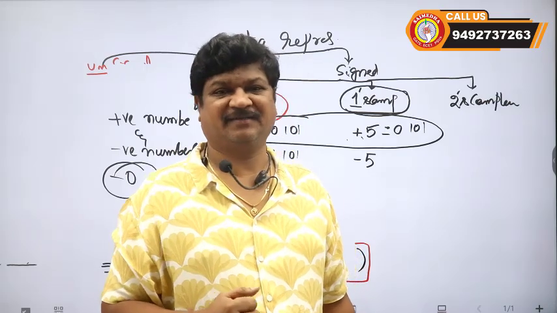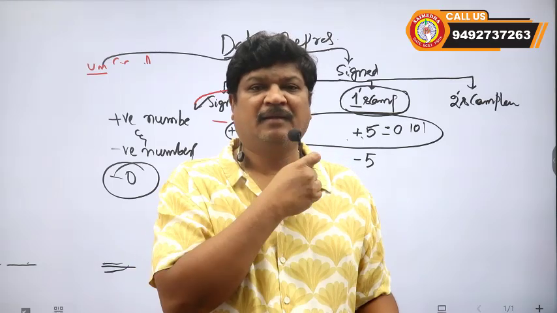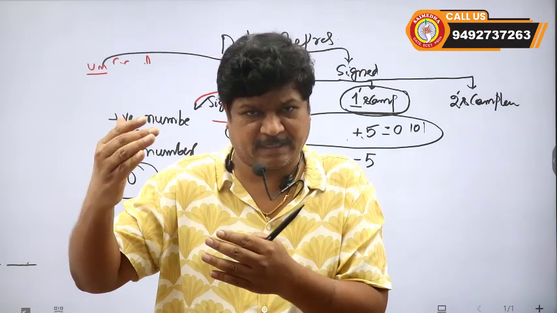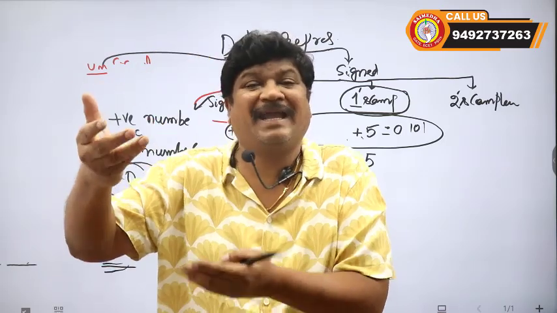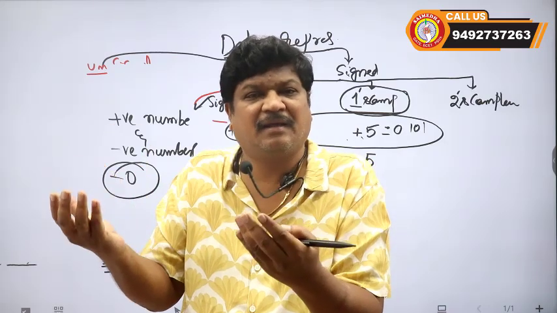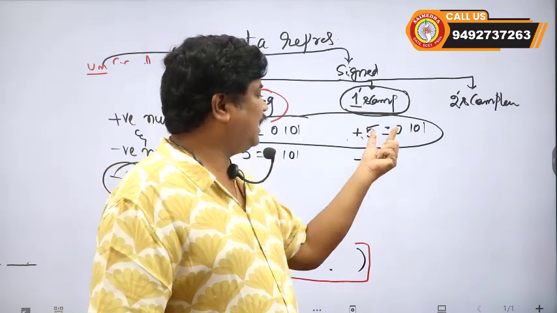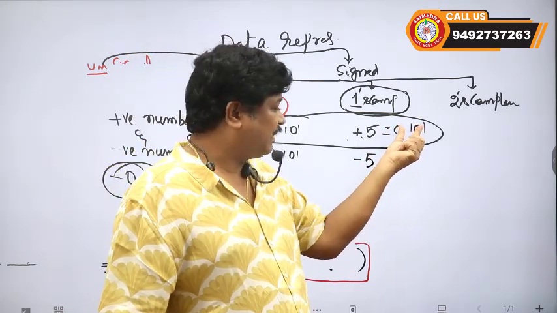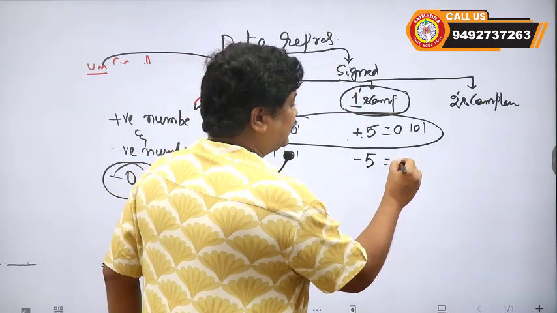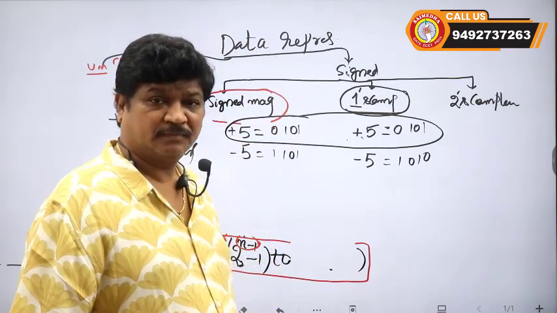Got it or not? To get the negative number, first you write down the number and make its ones complement. Whatever the number is after ones complement, that is the negative number. Already we wrote plus 5 here. Make it a ones complement, and it comes as a negative number: 1, 0, 1, 0.